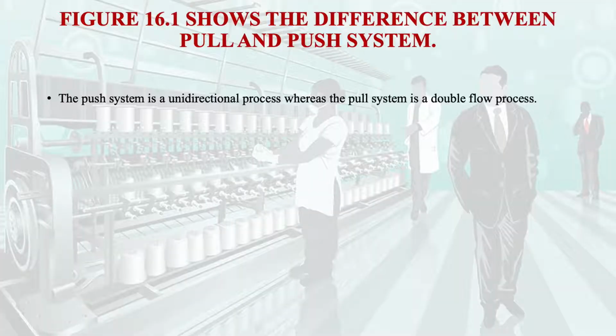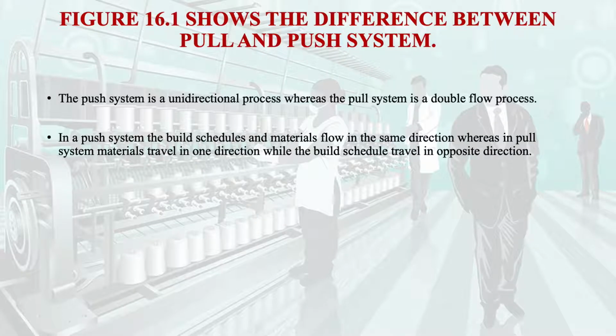The push system is a unidirectional process, whereas the pull system is a double flow process. In a push system, the build schedules and the material flow in the same direction, whereas in a pull system materials travel in one direction while the build schedule travels in the opposite direction.